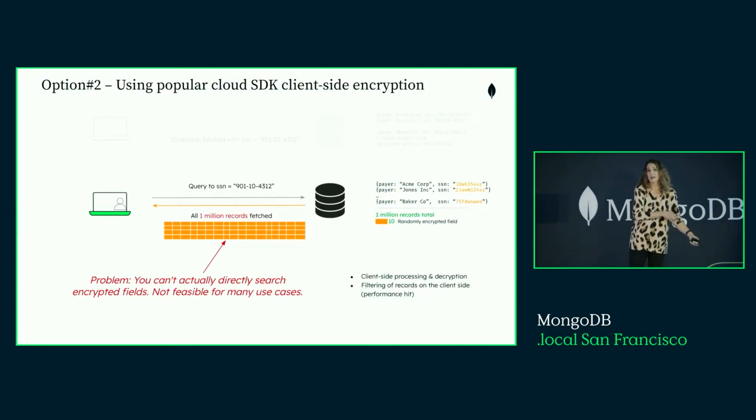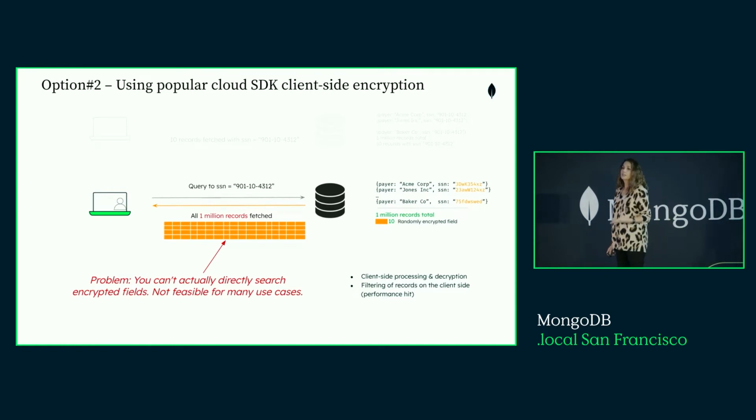So the cloud providers all have SDKs that can do, say, client-side field-level encryption, along with some third parties. But that data, once it's encrypted, is not queryable. So what does that look like in that case? Again, your application would issue that query. It would hit the database. The database couldn't figure out what those 10 records were.